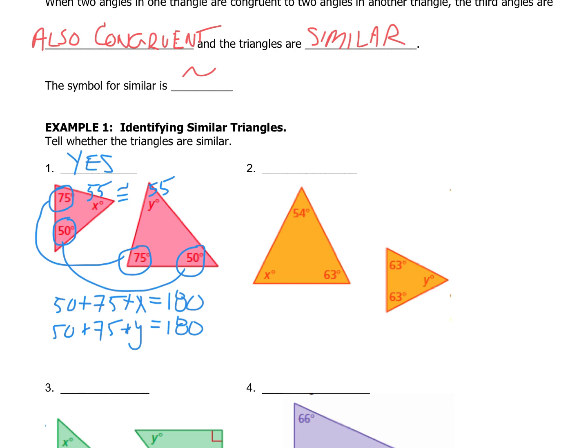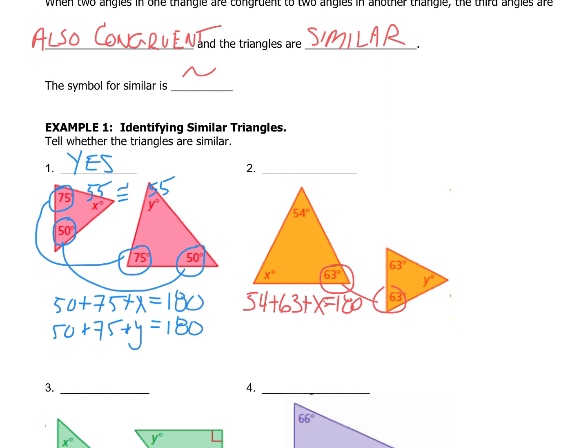So looking at the second one, number 2. This time I see a 63 that matches a 63. And then the 54 and the 63 don't match. So what I need to do is figure out what the missing x and the missing y are to see if they do match. Looking at the first one, I would have 54 plus 63 plus x equals 180.